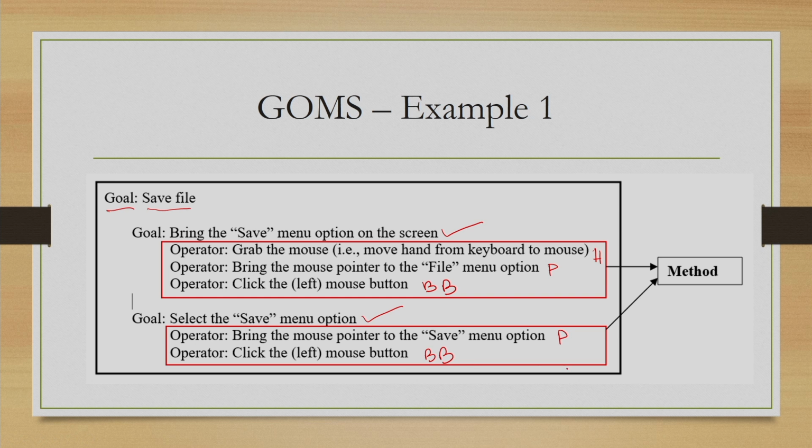And so, this entire hierarchy, where there is first level goal, then second level goal, and under each goal there is a sequence of operators which refers to a method, this entire thing represents the model. Model of what? Model of our cognitive behavior during the interaction task of saving a file.